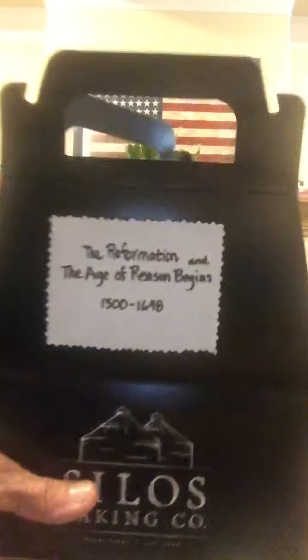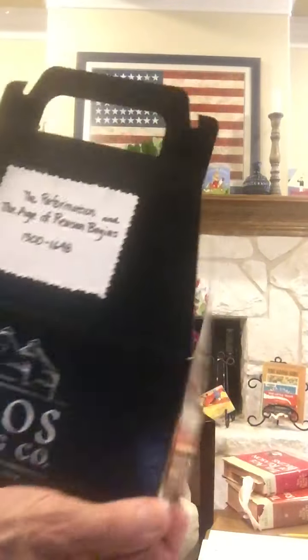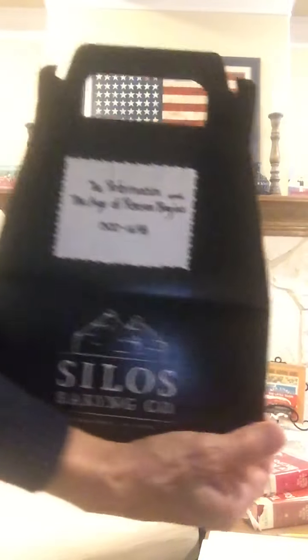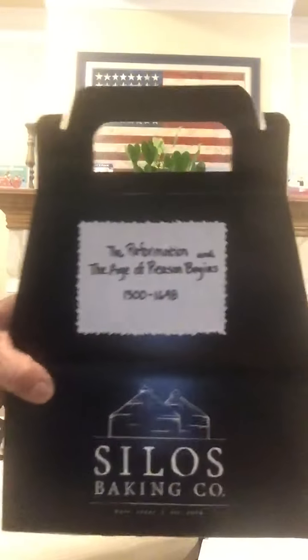And then once you get your years, of course, I want to show you, I use the Magnolia Market Silos Baking Company cupcake carrier, and I like the 4 panels because the 4-pack carrier has equal size panels, and then folds up just like that.